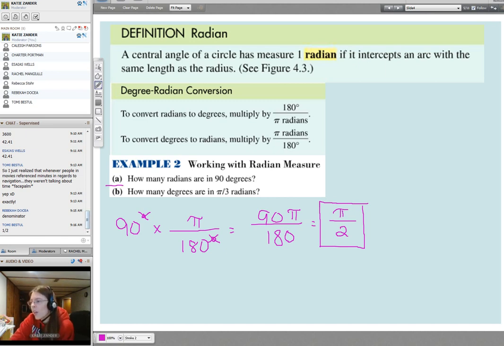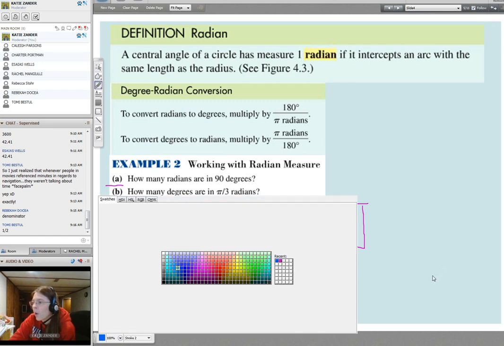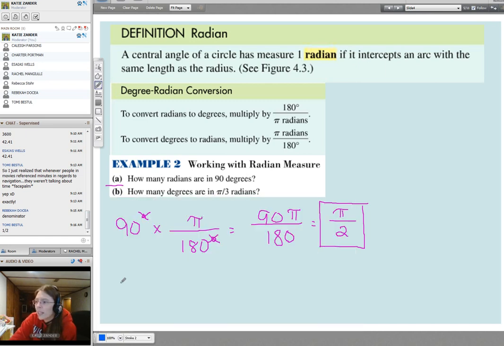Okay, let's go the other way around now. So if I'm starting with the radians of pi over 3, I want that pi to disappear, right? So the pi has to go in the denominator because I want that to cancel out.